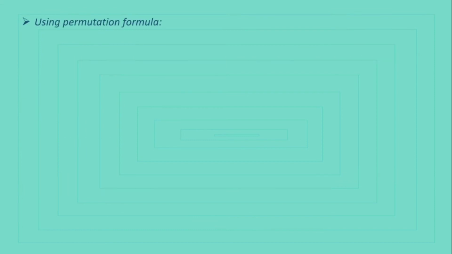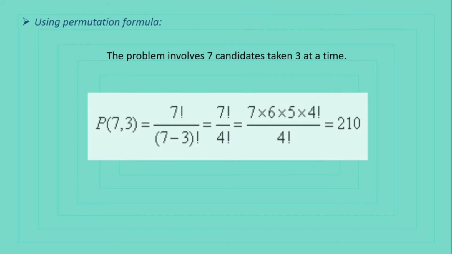Another one is by using the permutation formula. The problem involves 7 candidates taken 3 at a time. Here is the solution. 7P3 is equal to 7 factorial all over 7 minus 3 factorial, which is equal to 7 factorial over 4 factorial, which is equal to 7 multiplied by 6 multiplied by 5 multiplied by 4 factorial all over 4 factorial, which is equal to 210.